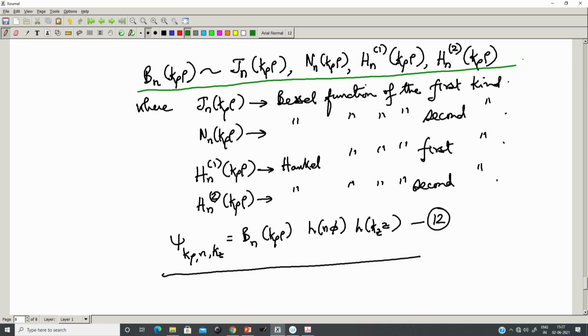Does it include the point rho equal to 0? Does it refer to any other kind of boundaries which are characteristic of any cylindrical region, like a dielectric boundary or a metallic boundary? So, based on these factors, the form of B n k rho rho is going to be decided, whether it is going to be either of these four forms.